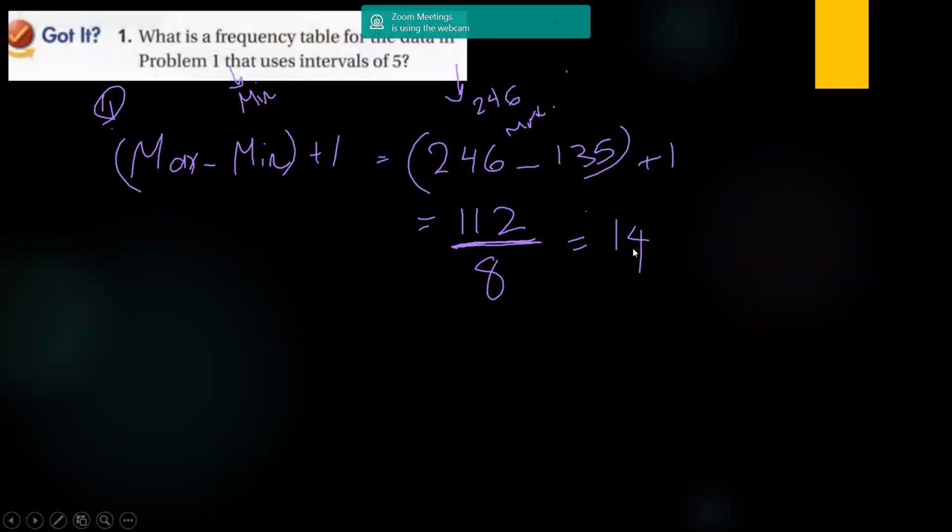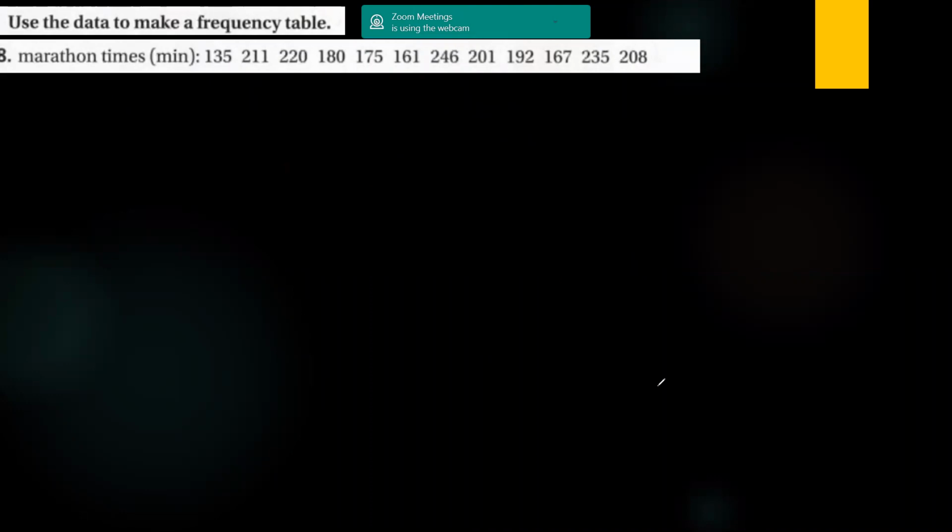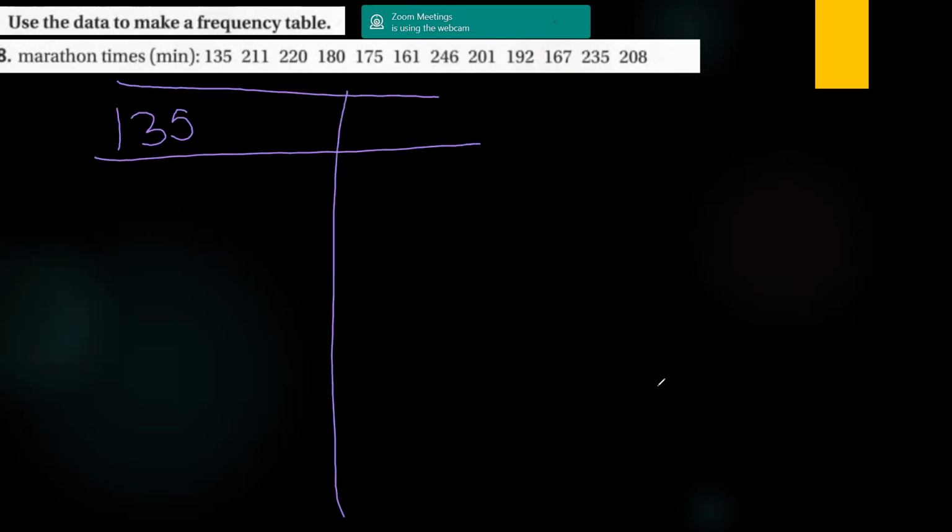So remember that the length here is 14 and I need 8 intervals. Then let's make 135. This is now my table here.